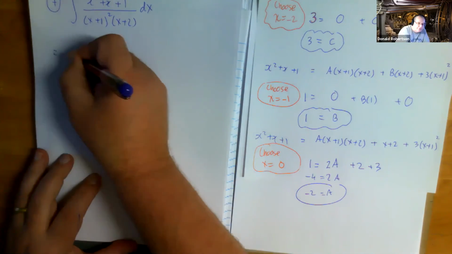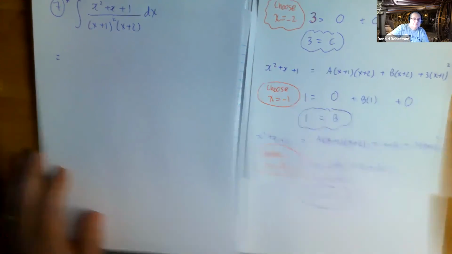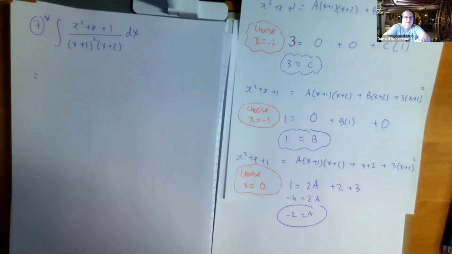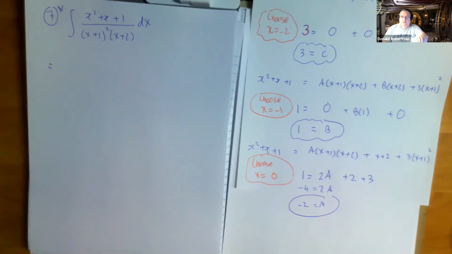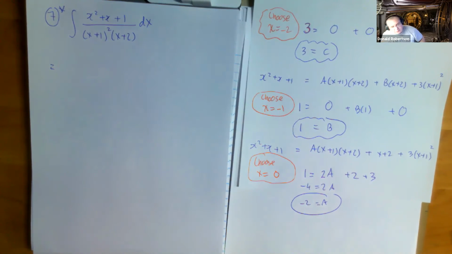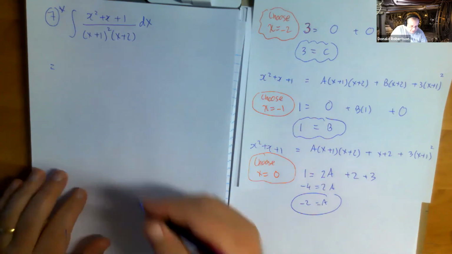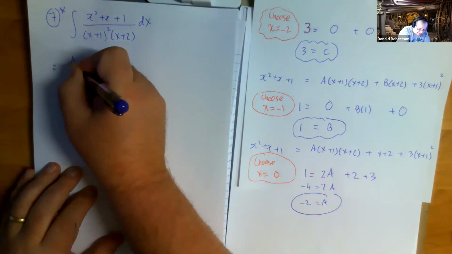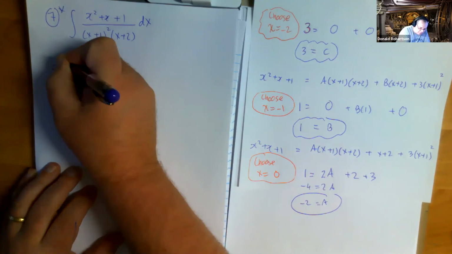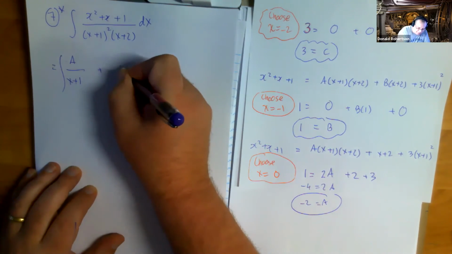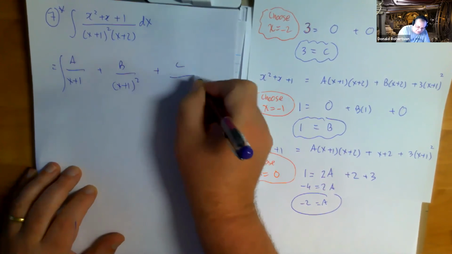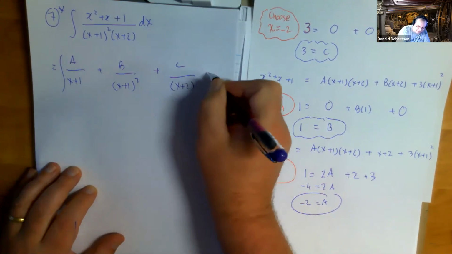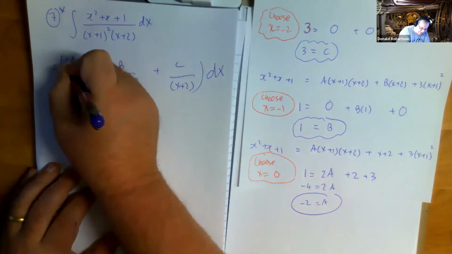Right. So I'll return to the original. What's happening with this thing? It's weird. Being awkward, I don't know what's wrong with it. Right. It's going to be split as an A over x plus 1, a B over x plus 1 squared, and a C over x plus 2, right? That was what we had.